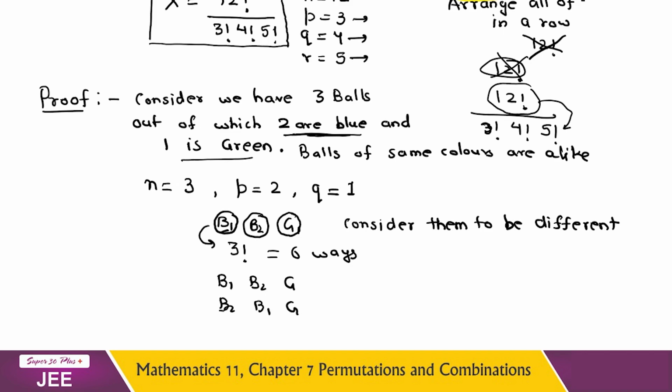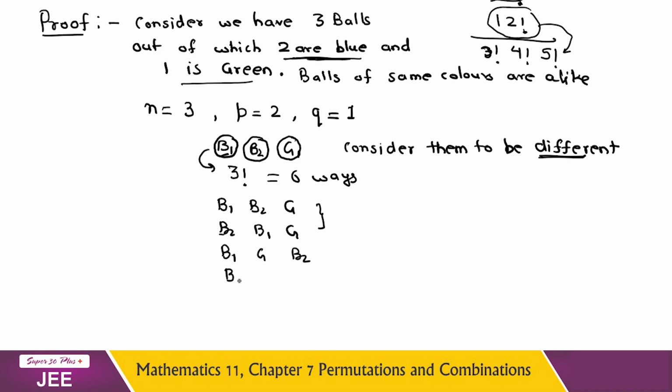Please make a note, when things are different, these arrangements will be considered as different. Now the third arrangement can be: keep B1 over here, the green ball in the middle, and then B2 over here. The fourth arrangement can be: interchange B1 and B2 and keep the green ball in between.